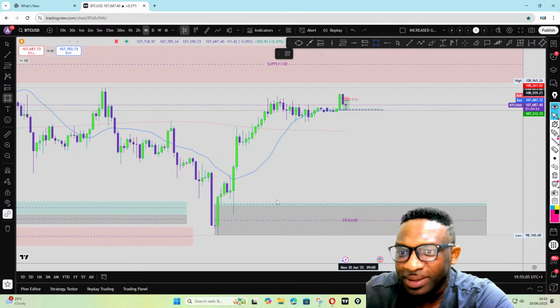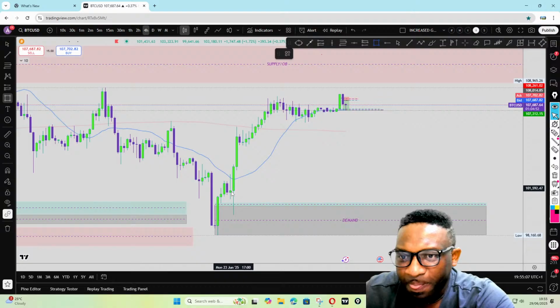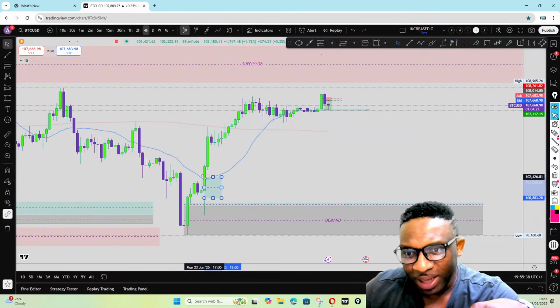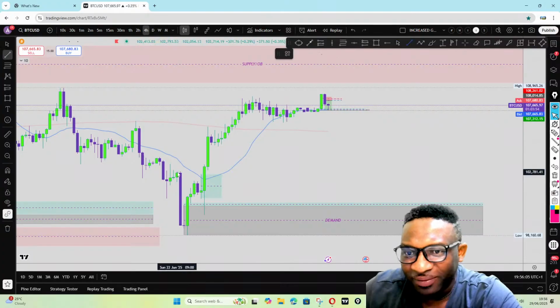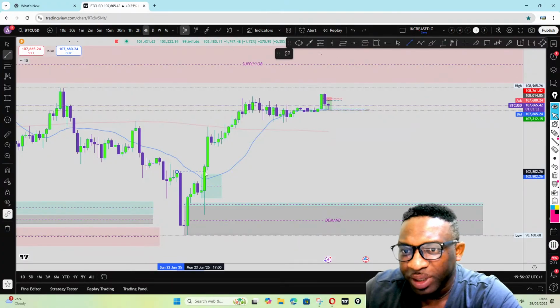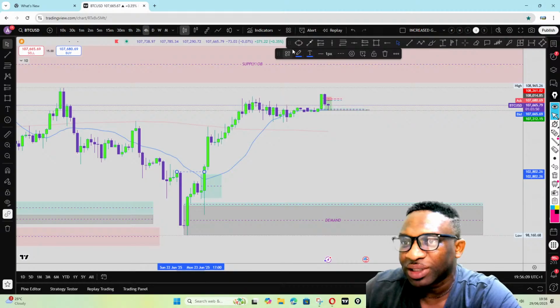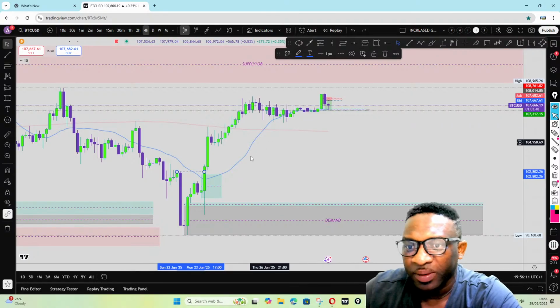Let's look at this area as well. We can also mark this area as the origin, because price has body closed above here, causing a change of character.